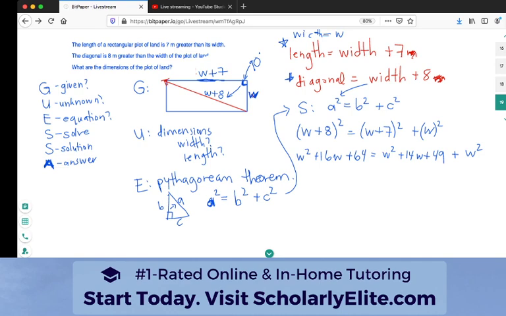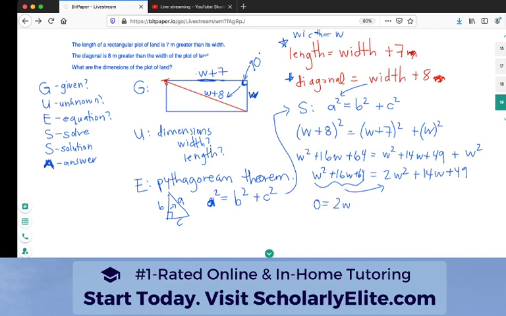If I move everything over to one side, actually let's simplify this first. This side is going to become 2W squared plus 14W plus 49. This side, nothing is changing. Great, so let's go ahead and move this side over to this side. It's just going to be easier. So we're going to make it equal to 0 by moving everything over.